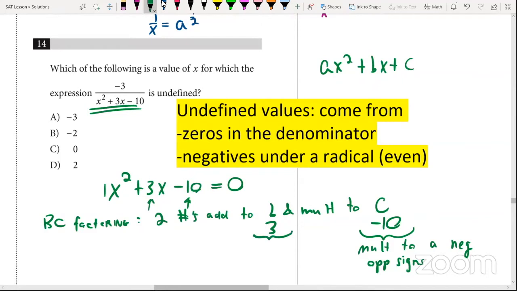So we have opposite signs, and the sum of these two things needs to add to 3. So if the sum is positive for two numbers that have opposite signs, then that means that the bigger looking number is the positive number.